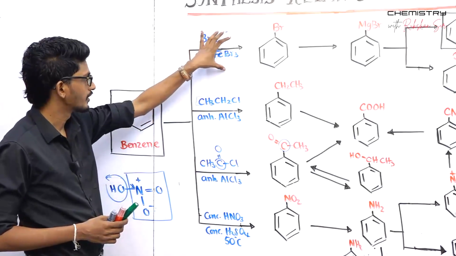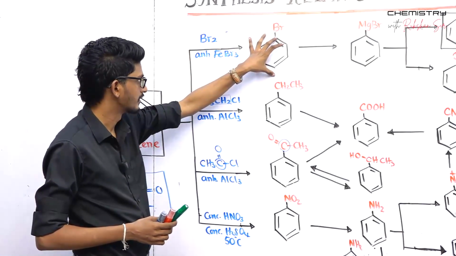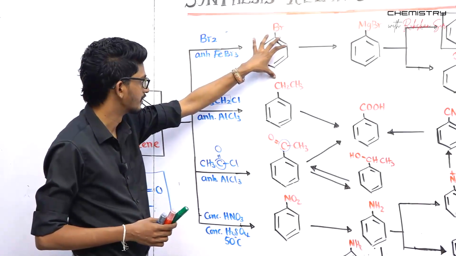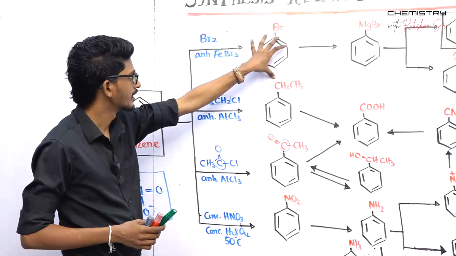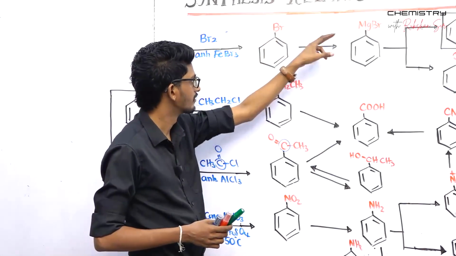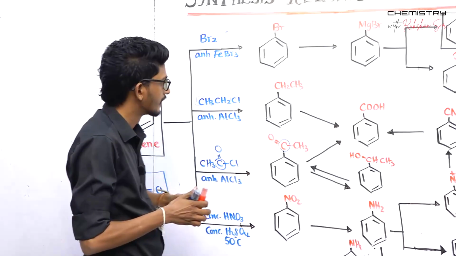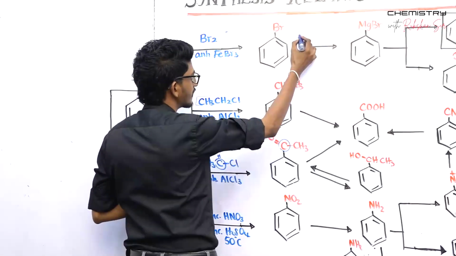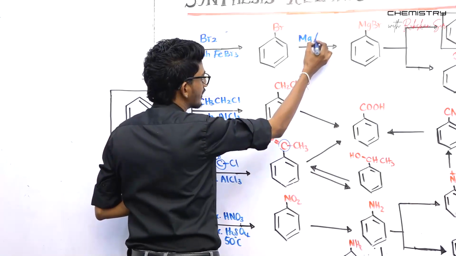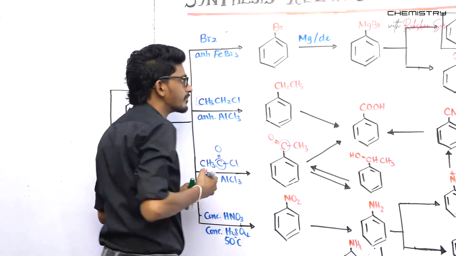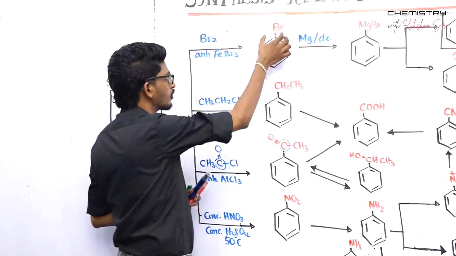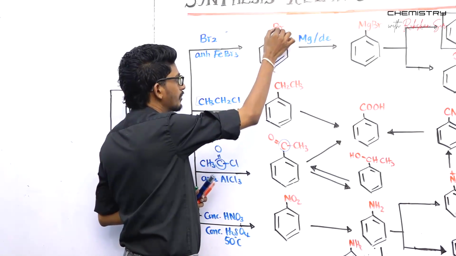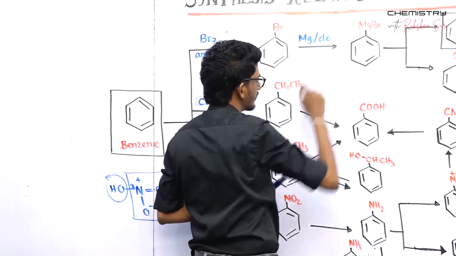So if you are to connect a halogen to the ring, you can convert that halogen to a MgBr, a Grignard, by just adding magnesium in dry ether medium. You can convert the halobenzene to a Grignard benzene.